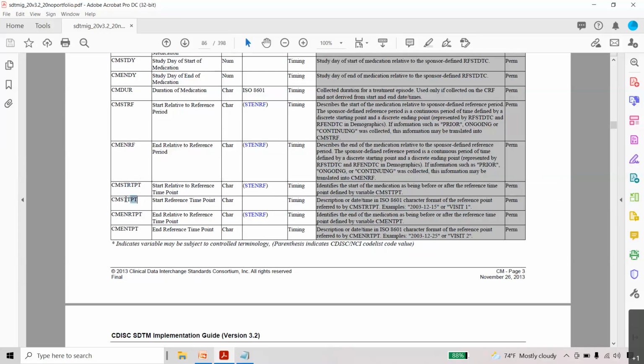CMSTRTPT and CMSTTPT are related to the start of a particular medication, and CMENRTPT and CMENTPT are related to the end of the medication. We can see values like prior, ongoing, continuous. Always remember, only in concomitant medication can we see these conditions, multiple conditions.